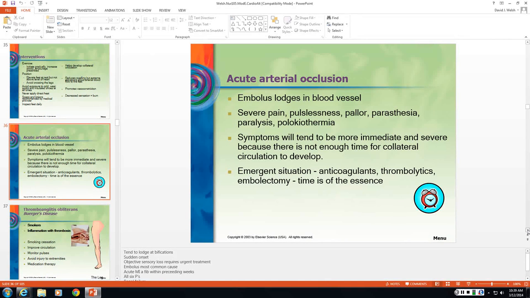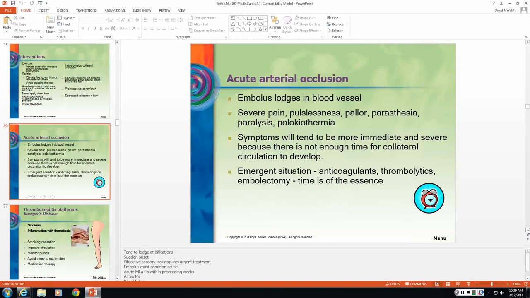Any kind of sensory loss is going to require urgent treatment. Most likely it's caused by an embolus. Now this is an emergent situation, so they're going to be put on anticoagulants, thrombolytics, or they might have an embolectomy. Remember, time is of the essence for these.